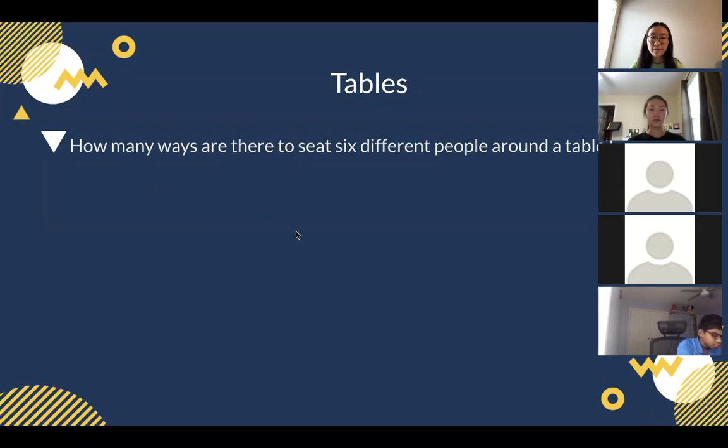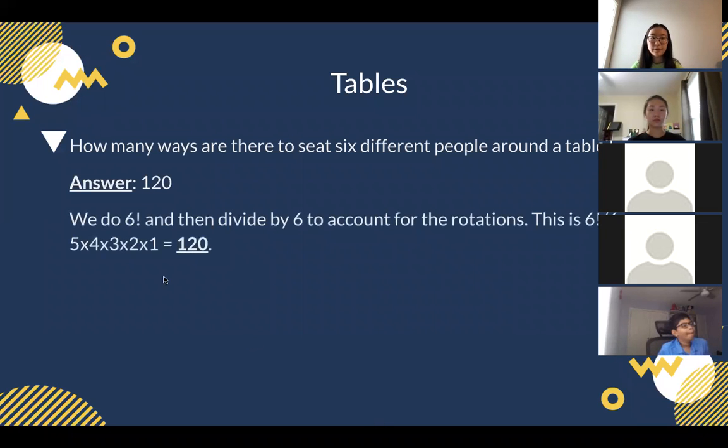Yeah, so the answer here is going to be 120. So we're going to do 6 factorial first, but then we also have to divide that number by 6 to account for rotating, because each person can rotate around in 6 different positions. And so that's going to be 6 factorial divided by 6, or 120. So nice job.